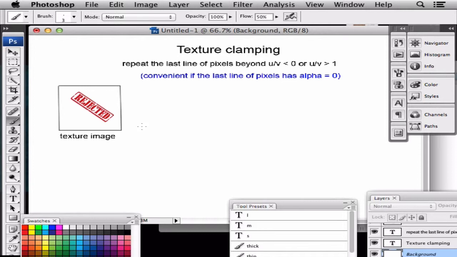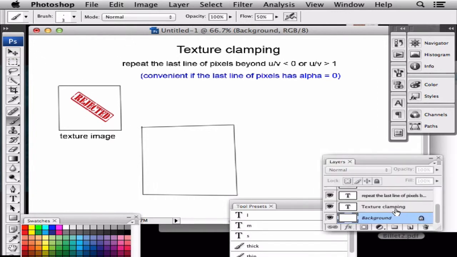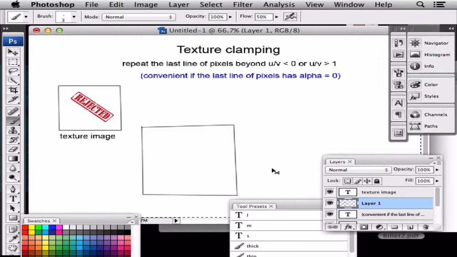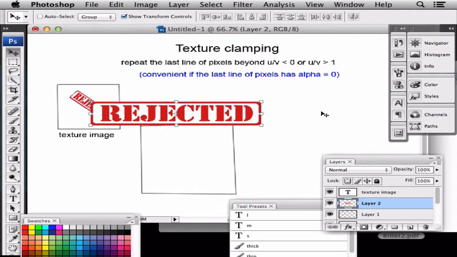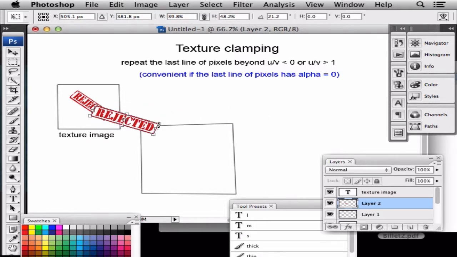Okay, so we could imagine we have a big polygon, a big quad, and we want this. Using texture clamping, we could do something like this.